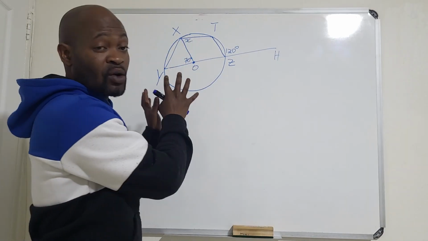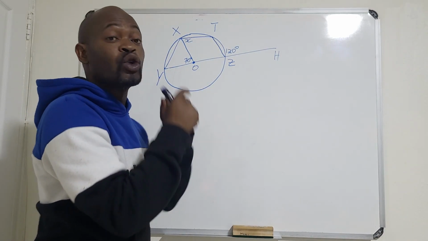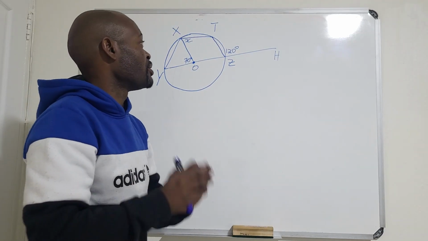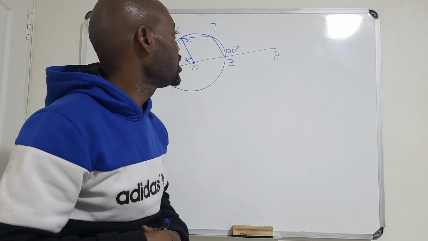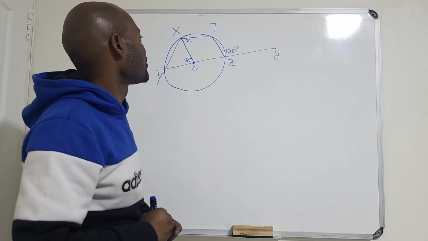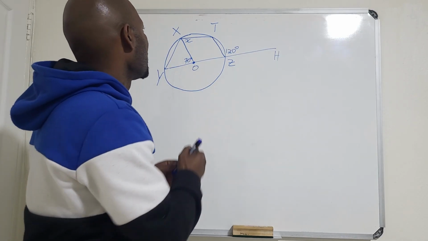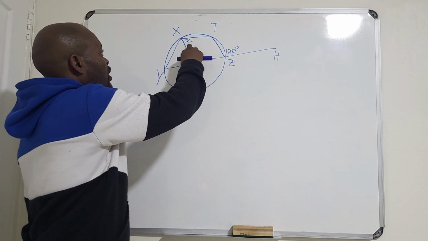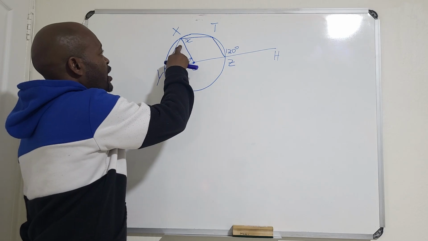Then the theorems that are left on a problem together with part 1 are what we are going to use to solve that problem. We will see when we do part 3 on exam question papers. But here we can see that for us to find the value of X, we can find this angle there.